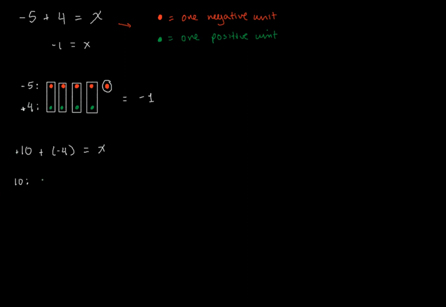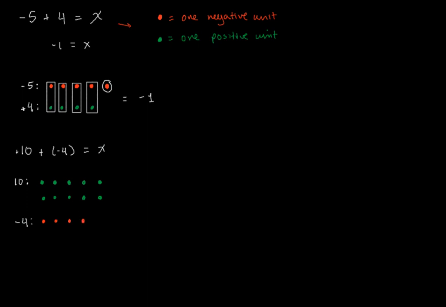And since there are 10 positive units, I need 10 positive dots: 1, 2, 3, 4, 5, and 10. 2 sets of 5. And I'm going to do the same thing with our -4. Since we have a -4, that's a negative unit, I'm going to represent those with the negative dots, those orange dots. And I have 4 of those.